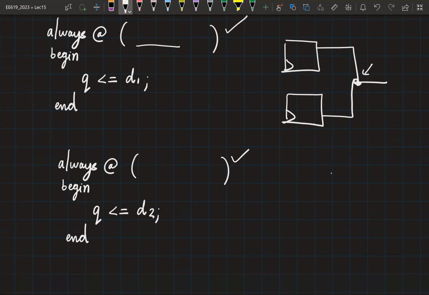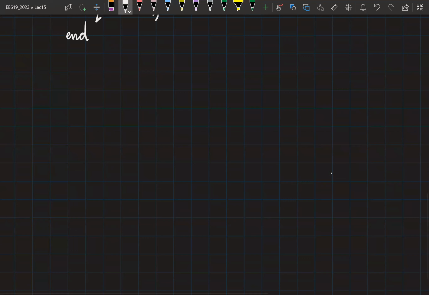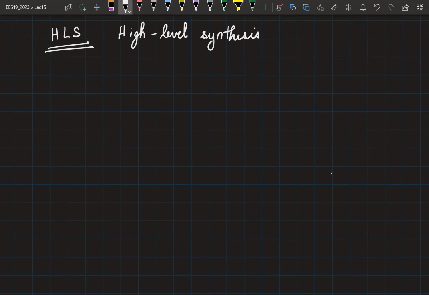Now, that said, I also have to explain another way of synthesis called high-level synthesis or HLS. Has anyone heard about this? So if you are doing high-level synthesis, you are basically removing the need for Verilog.